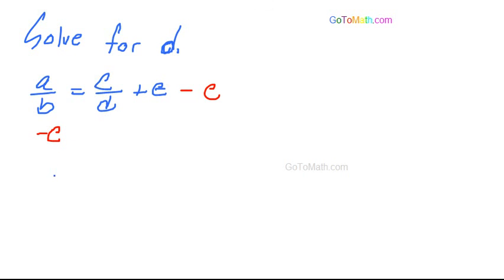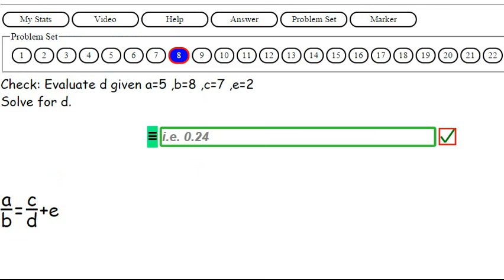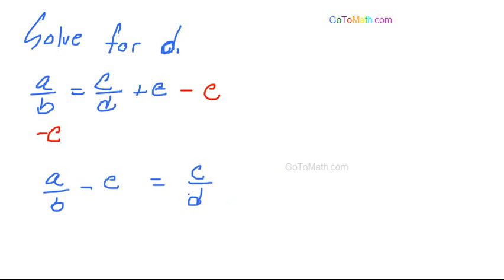And therefore we're going to have AB minus E equals CD. We've got several different ways of doing this problem, but this is what we're going to do.